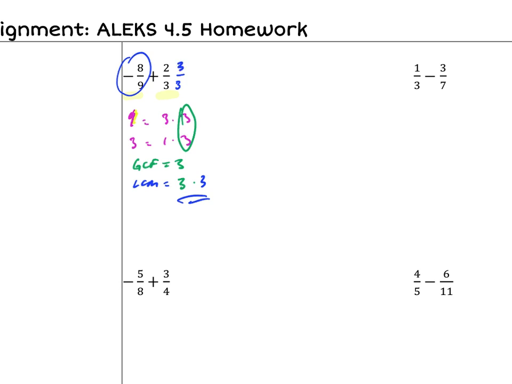Now if we rewrite this, on the left we're going to have negative 8 ninths plus 6 ninths. This is where you have to be careful, because I had to delete this at first since I put 6 and 6, which would have messed me up. But not much, because I'm just going to put ninths on the bottom, and then I have negative 8 plus 6.